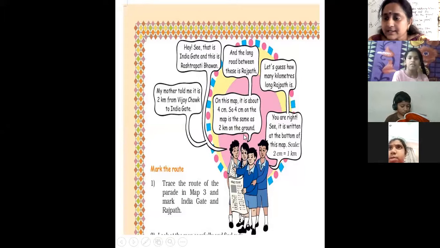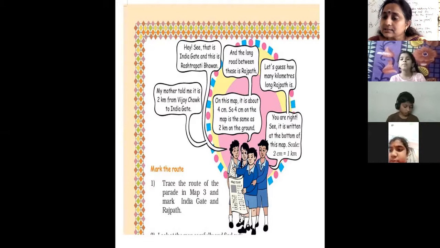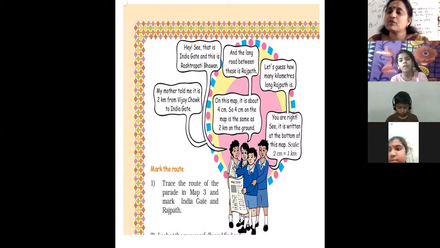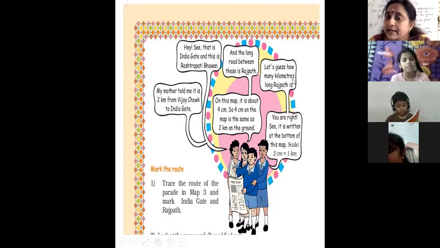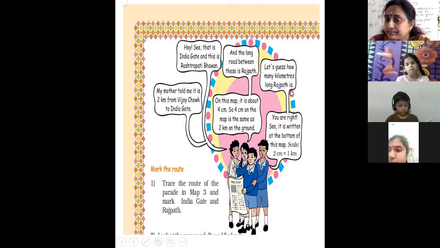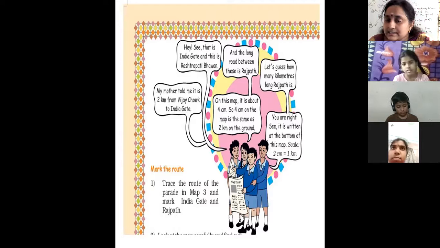Just now we discussed that 2 centimeters is equal to 1 kilometer. Then 2 kilometers is 4 centimeters. Now, let us guess how many kilometers long Rajpath is. See, it is written at the bottom of this map.